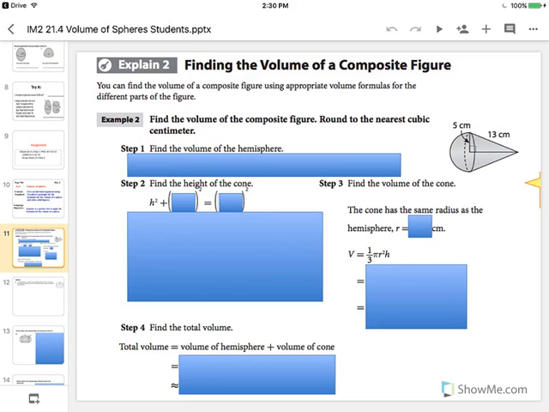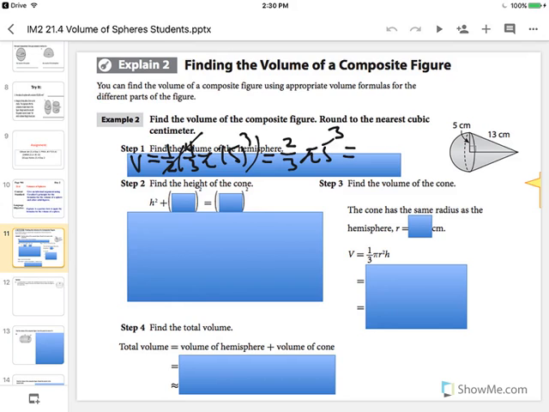So for number 1, find the volume of a hemisphere. A hemisphere is half of a sphere, right? So that means this is 1/2 of 4/3 pi times the radius, 5 to the third power. Well, 4 and 2 can cancel out, so this gives us 2/3 pi times 5 to the third power.